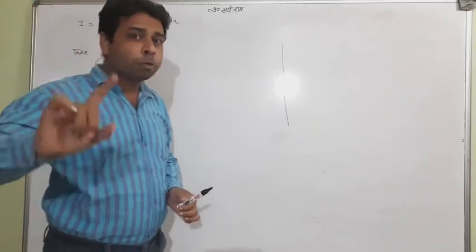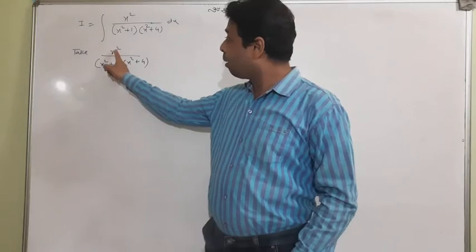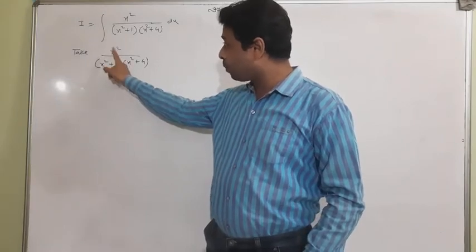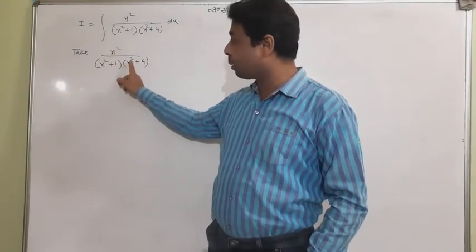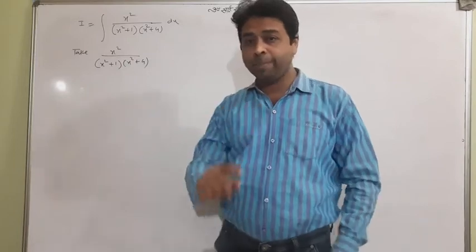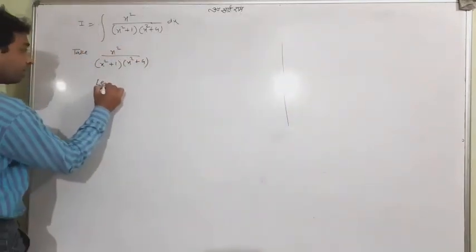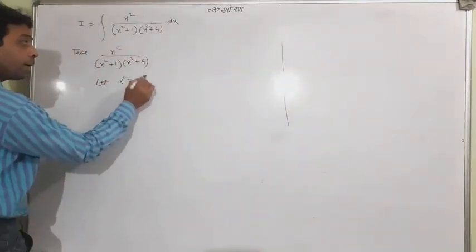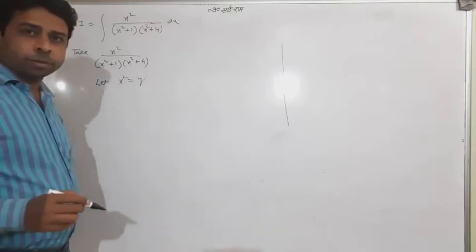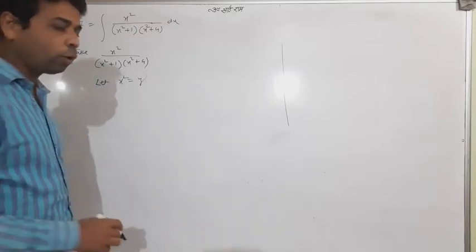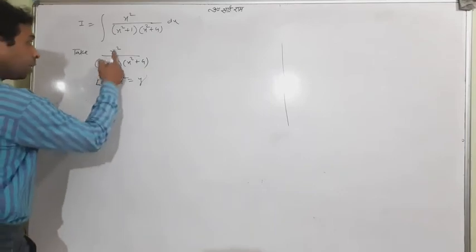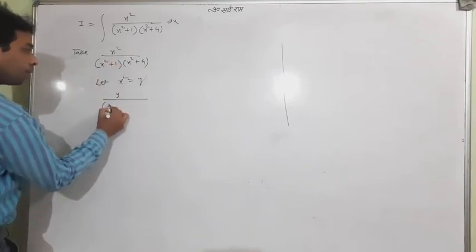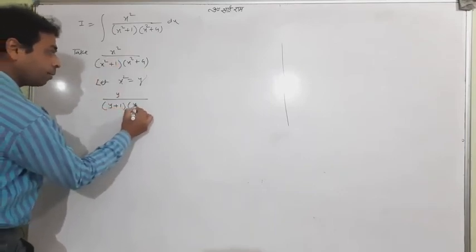In this case, when x square is coming here, and here, and here, all the terms of x are the same. So for convenience, you assume x square equal to y. And what will happen? It is y, and it is y.